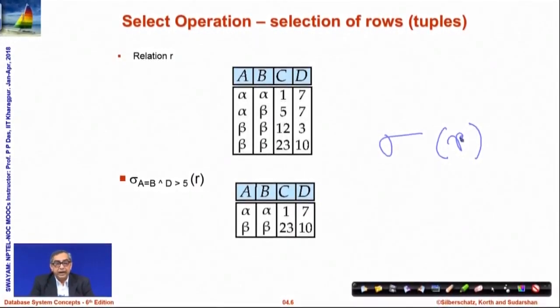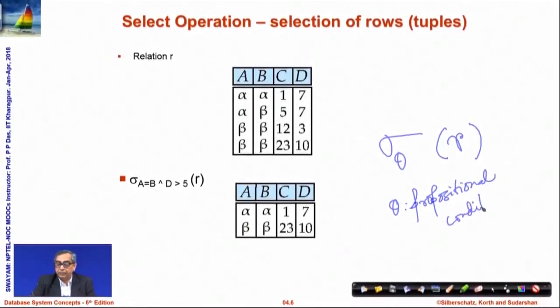So, we are selecting from the relation R, and then we put a condition, which is a propositional condition. All rows of R will be checked; if a row satisfies this condition, it will be included in the result. If it does not satisfy the condition, it will not be included in the result.